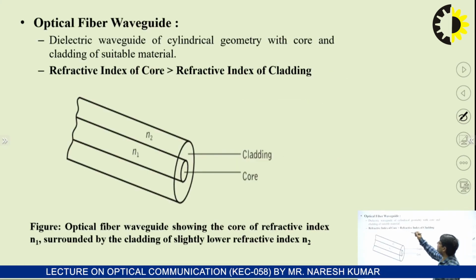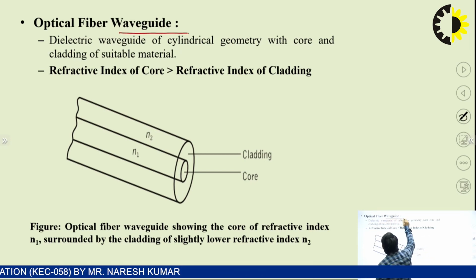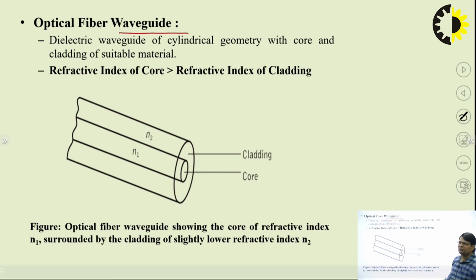So this is the structure of the optical fiber waveguide. We know that optical fiber cable is the guided media through which information is carried in the form of light. The layered structure of the optical fiber waveguide is shown in this diagram. For the transmission of light through the fiber cable, two layers are most importantly required: the inner layer, known as the core, and the outer layer, known as the cladding.